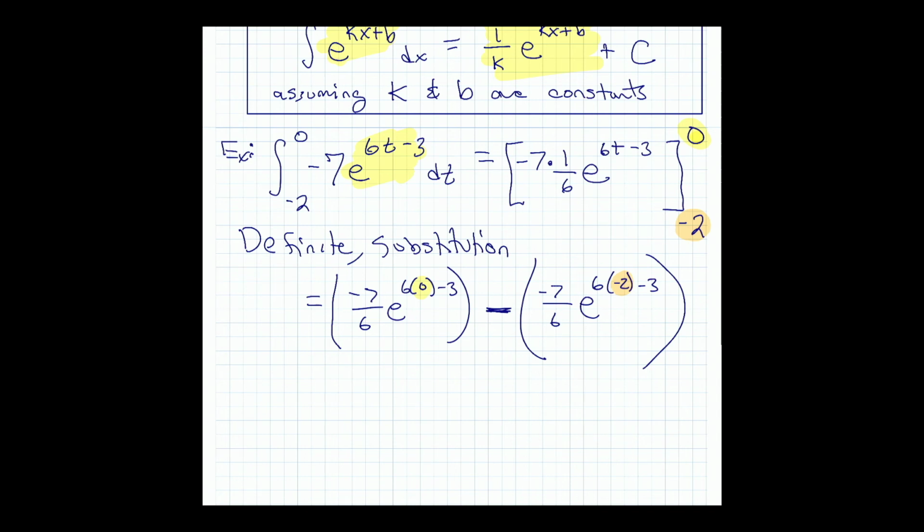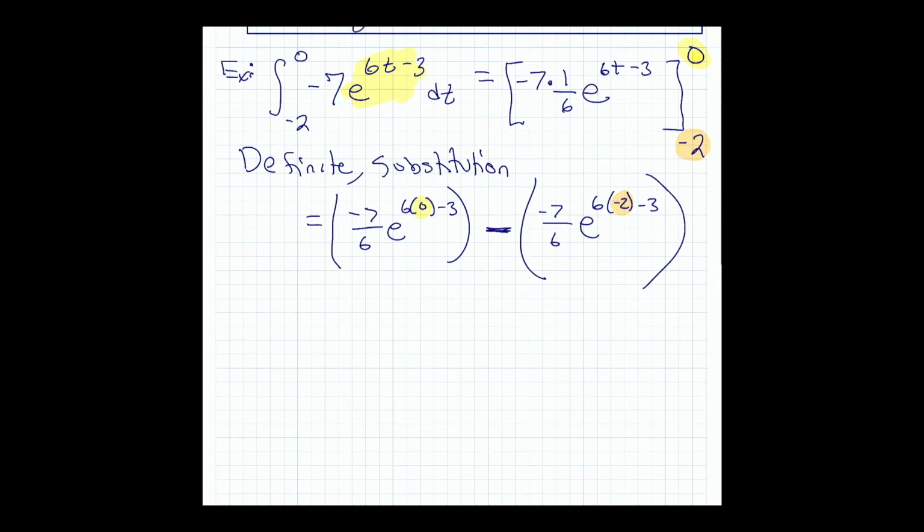Now, what do they expect you to do for a final answer here? They just expect the barest minimum of simplifying these two exponential terms. It's almost nothing. 6 times 0 is 0 minus 3, so that's -7 over 6 e to the minus 3.